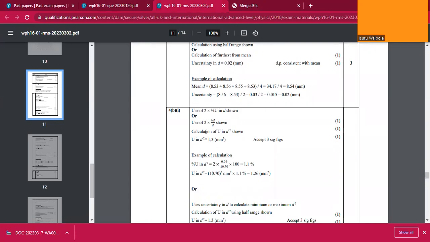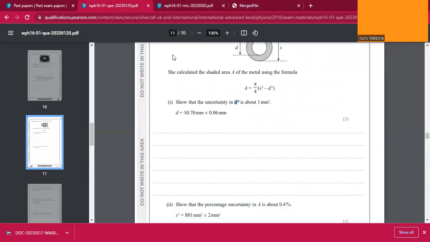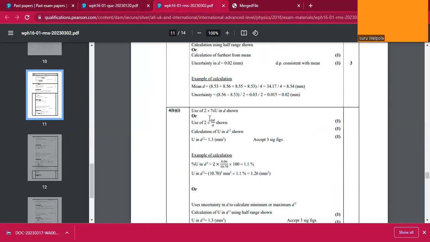Oh, the uncertainty. Did they ask for uncertainty or percentage uncertainty? Oh, my bad. So once you find the percentage uncertainty, you have to turn it back into an uncertainty. Let me show you the mark scheme. So you do the method that we discussed to find twice the percentage uncertainty, not this fractional uncertainty nonsense.